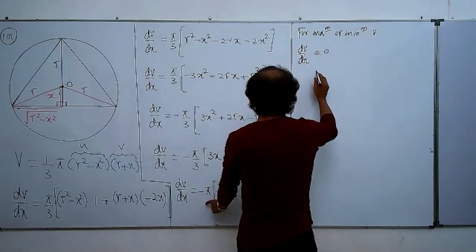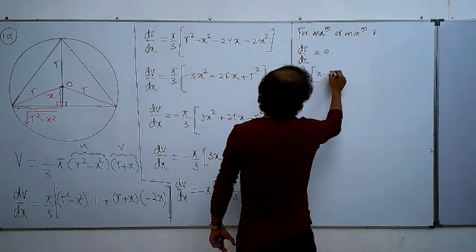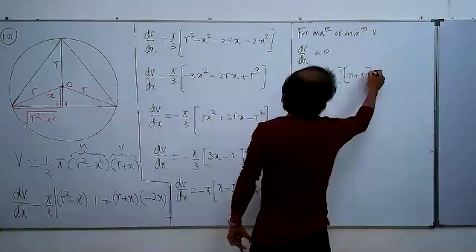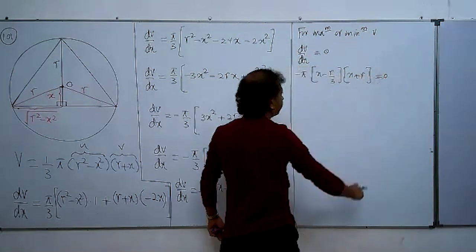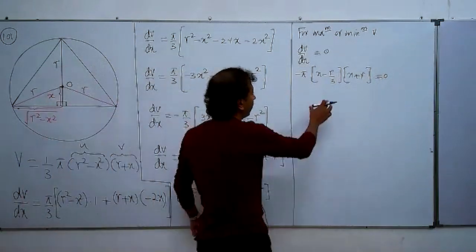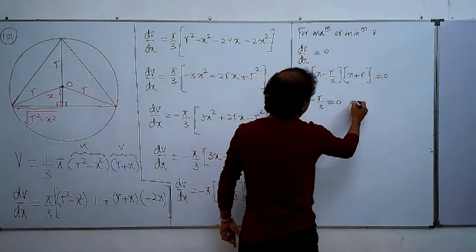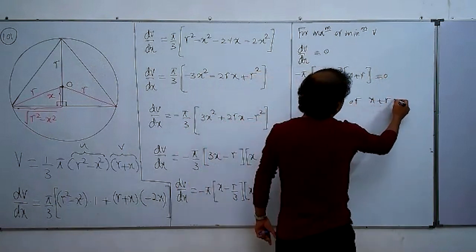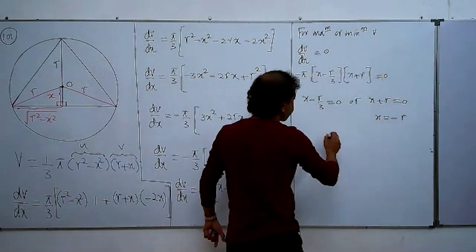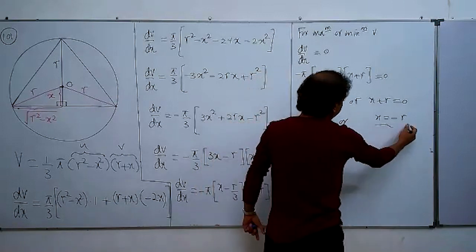Then I can write minus pi times (x minus r by 3)(x plus r) equals 0. So then we can equate this to 0: x minus r by 3 is 0, or x plus r is 0. This gives us x is minus r. This gives us x equals r by 3. But x equals minus r is impossible, people.